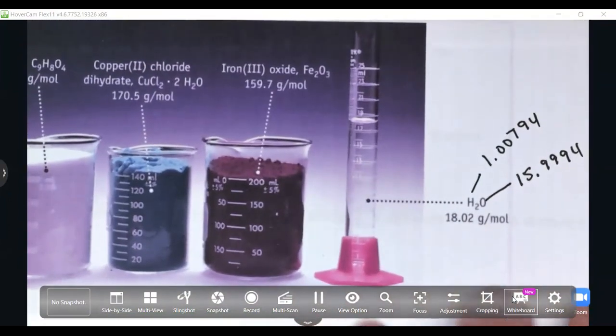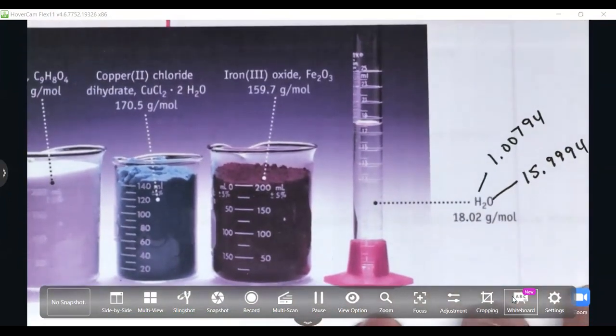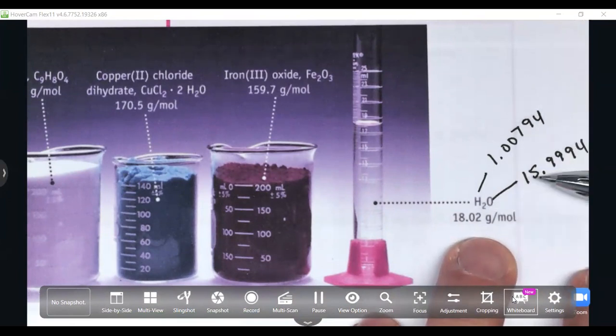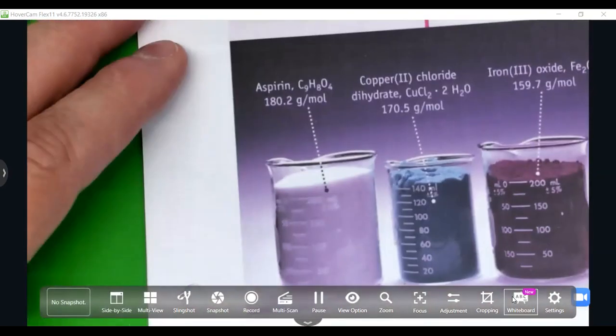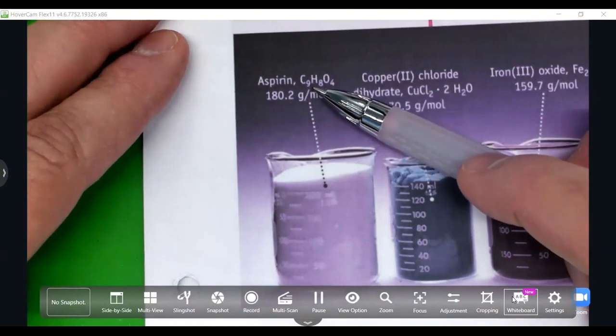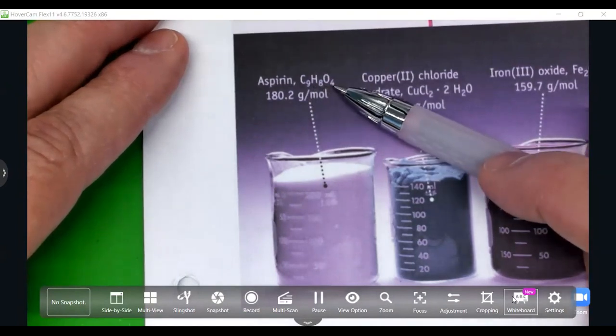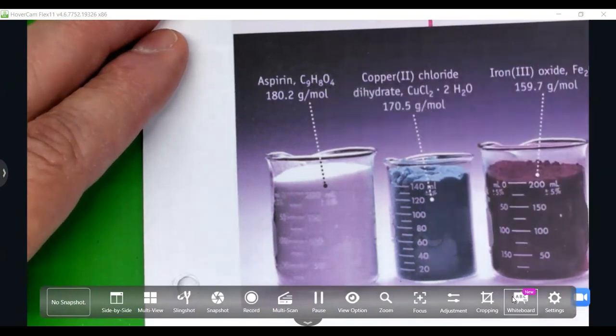So when we're talking about the molar mass of a compound, we have to add these up, right? 2 hydrogens and an oxygen to come up with the 18.02. Individually, this is 1 oxygen. This is individually 1 hydrogen. So aspirin, 9 carbons, 8 hydrogens, 4 oxygen, and so on.